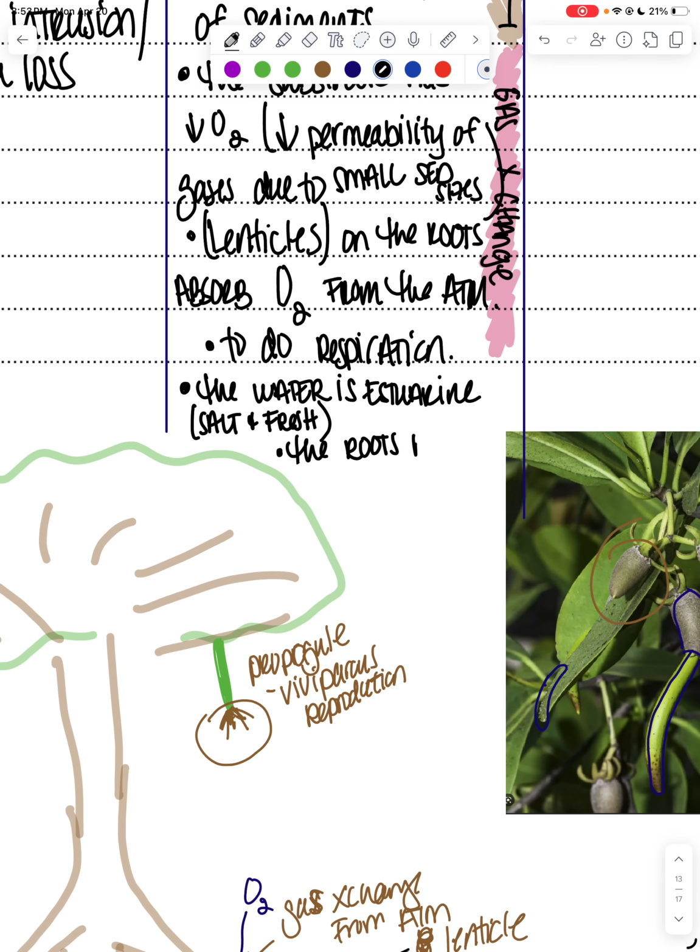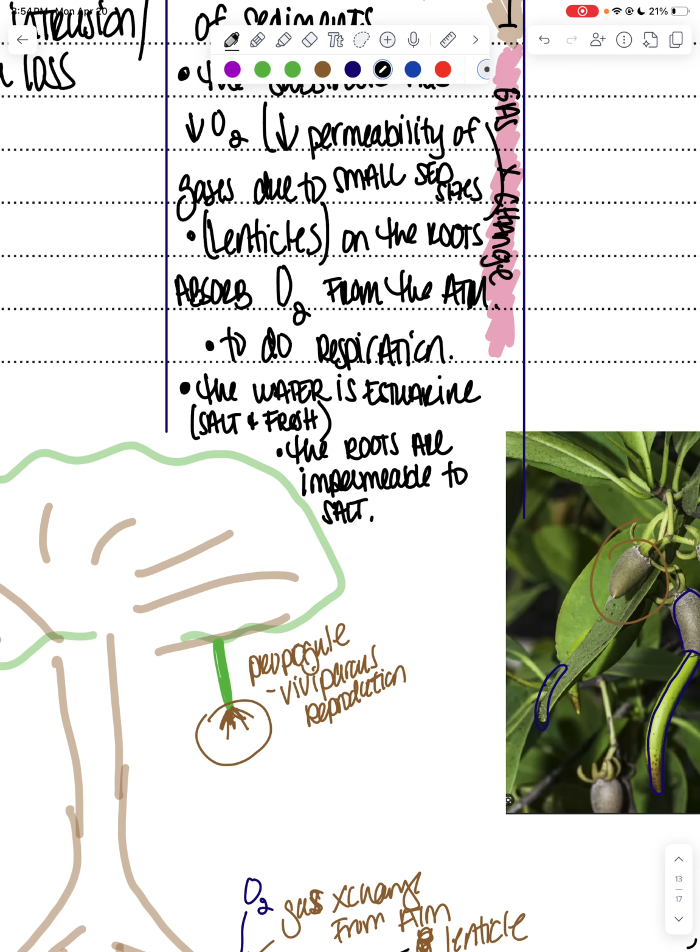The roots are impermeable, which means salt cannot permeate through them. The roots are impermeable to salt, and so salt is not going to be able to intrude upon the plant and its tissues.